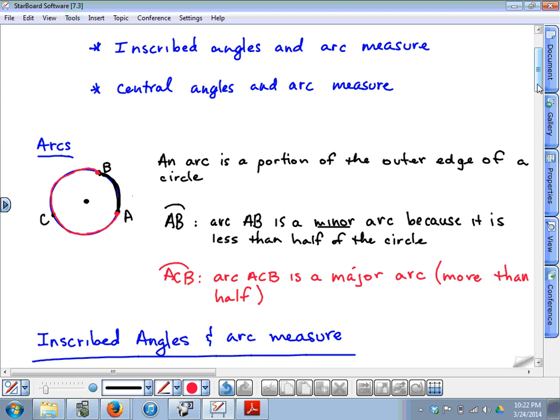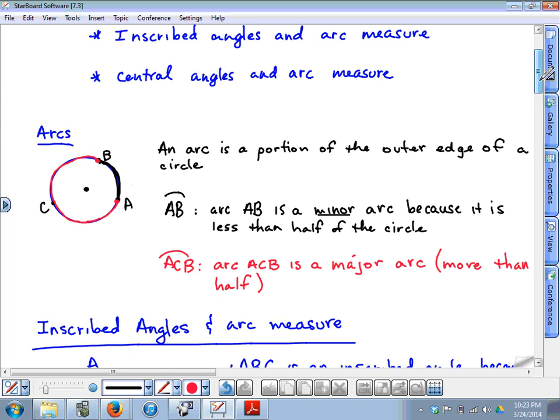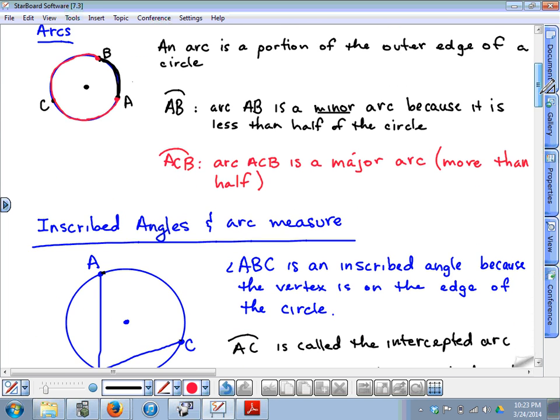So if you've had a chance to jot all that down, that was objective one. That was really all there was to it. It was defining an arc, both major and minor. So that'll come up a little bit later on the assignment.